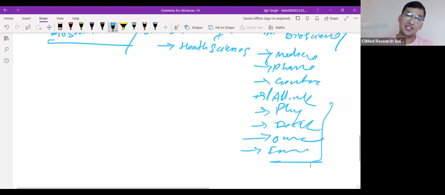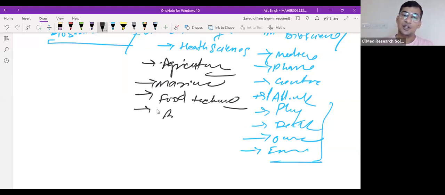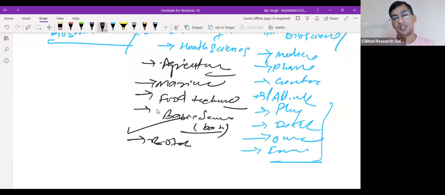So first is health science, and second, there are many other things like agriculture, marine, food technology, and basic sciences like botany, geology, chemistry, physics.